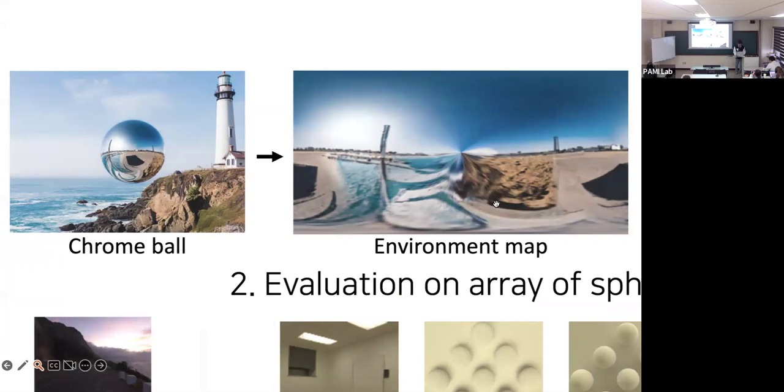So this environment is not too consistent for this reason, I guess. If I stitch this environment map like this, moving this part here, it will look more consistent.